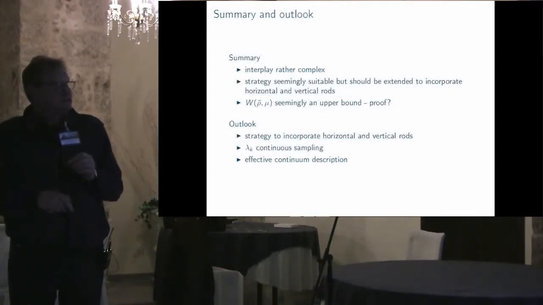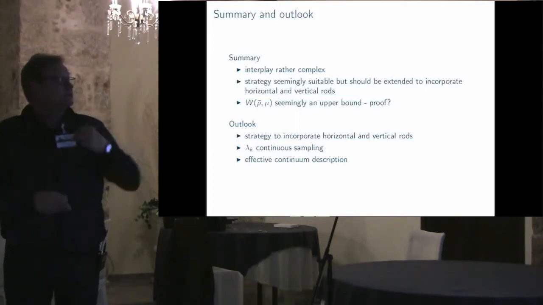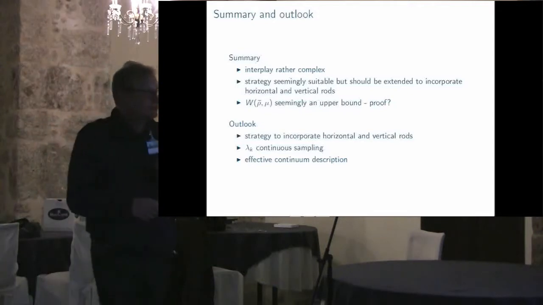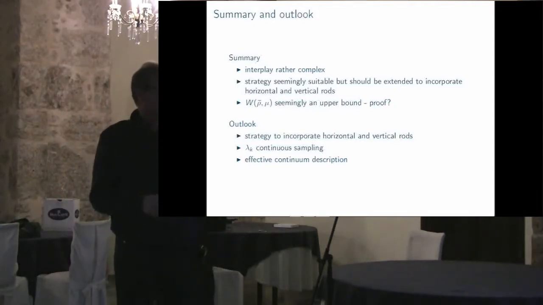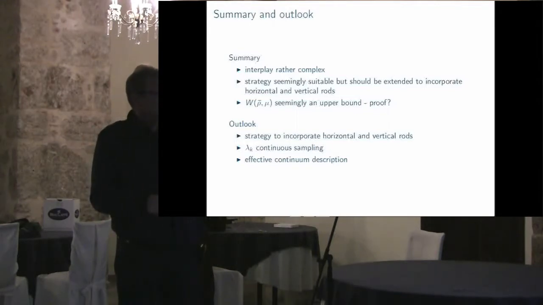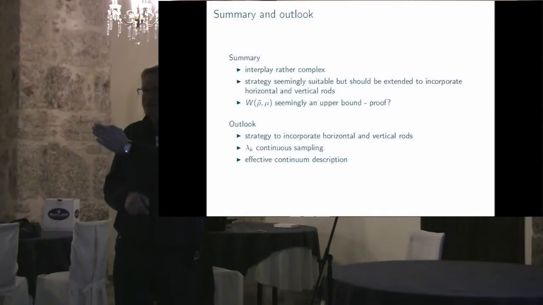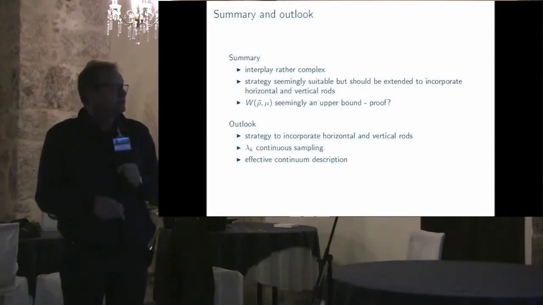The result, strain energy as a function of the ratio of diagonals and the regularity of these networks, is seemingly a kind of upper bound, but there is still no proof for that. Of course, it would be nice to switch from this discrete sampling of material properties to a continuous sampling. However, at the moment, I don't know exactly how to do that.